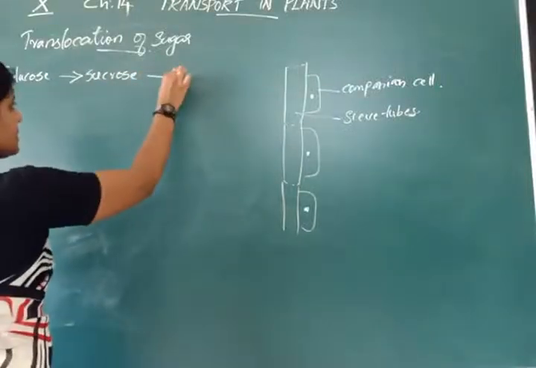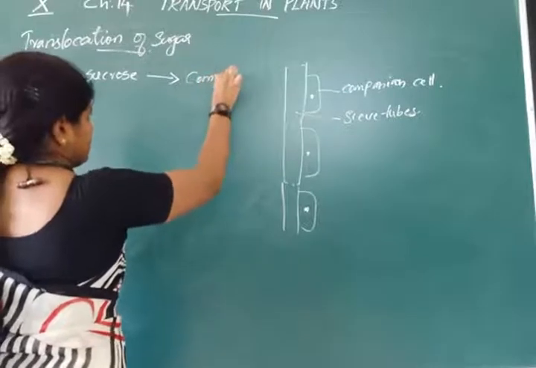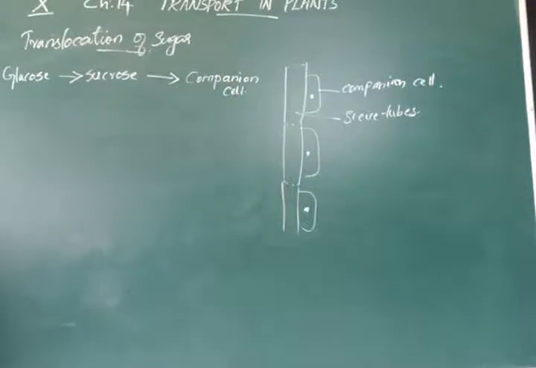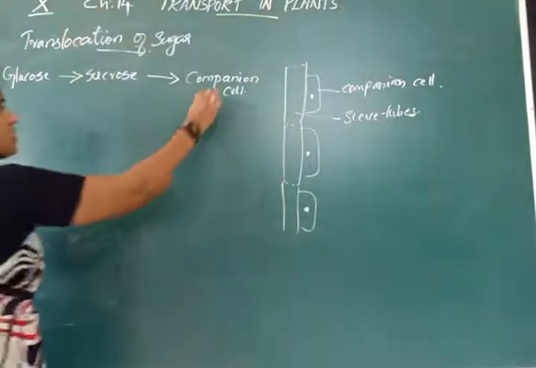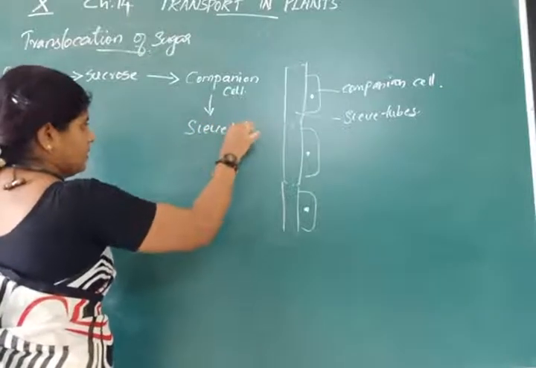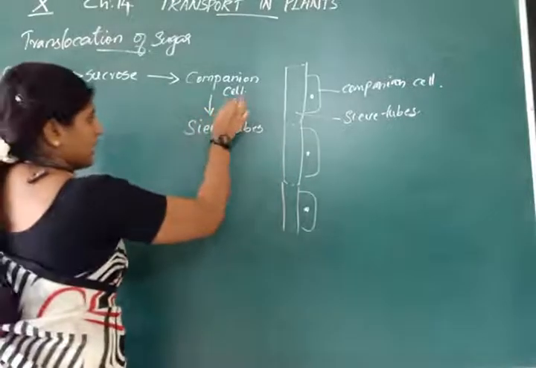The sucrose is moved into the companion cells, and from the companion cells the sucrose is moved to the living sieve tube cells by active transport.